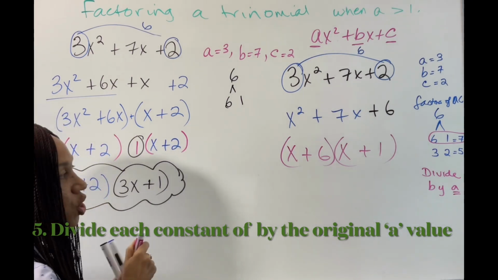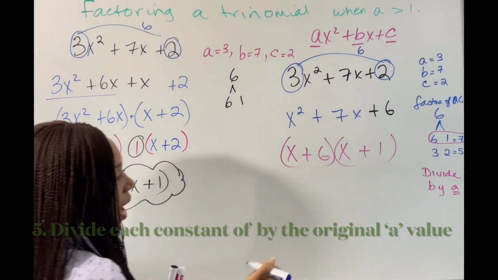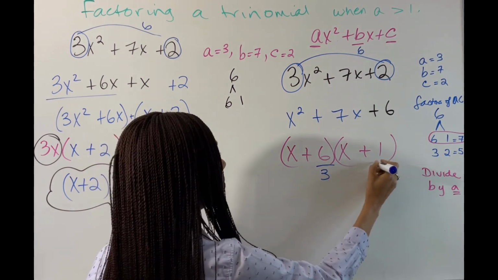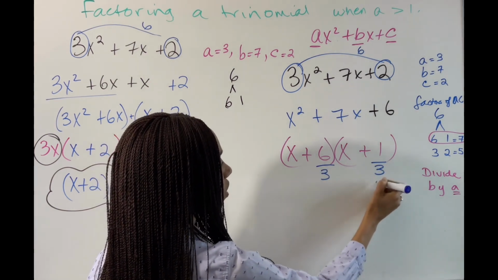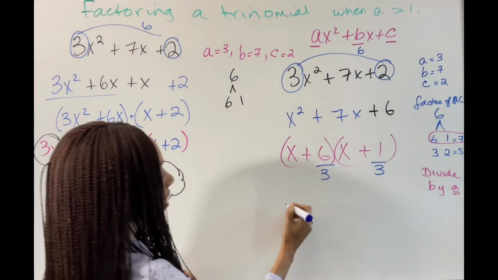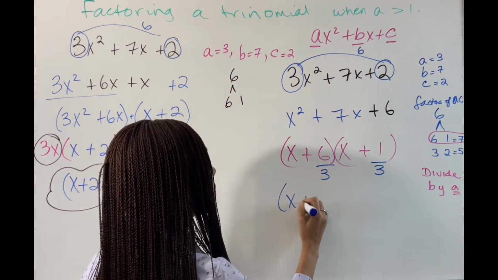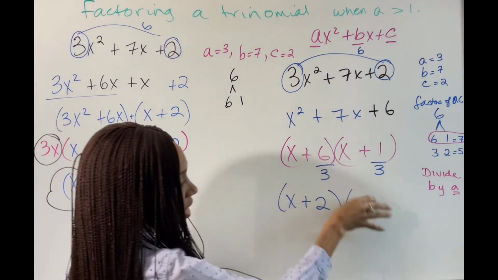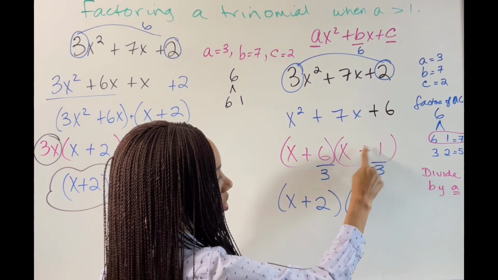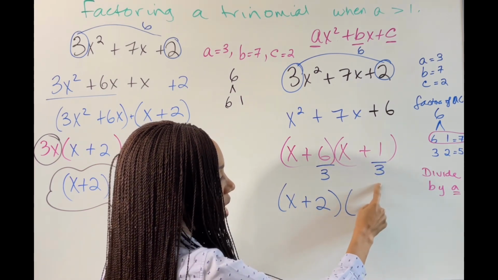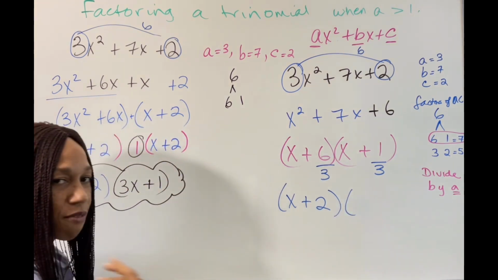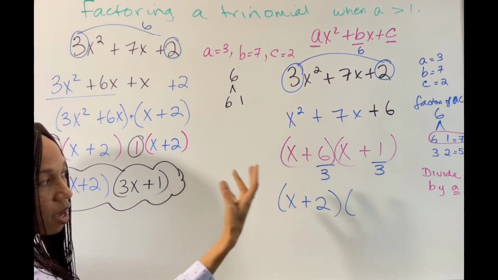So I'm just going to take this part and divide it by a, which is the 3. And I'm going to divide this by a, which is also 3. So once I have that, now I can rewrite as x plus 2. And for this one, because I have x plus 1 over 3, I cannot simplify this, and I don't want to have a fraction in my factors.